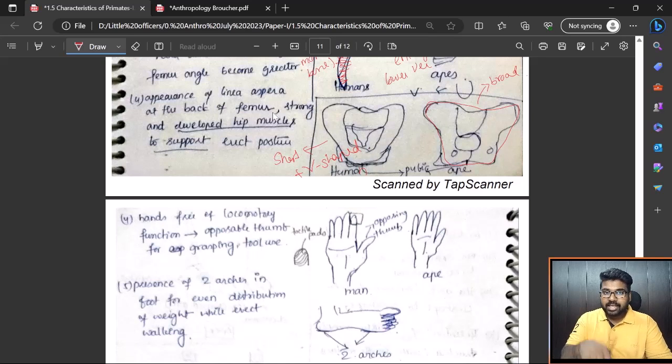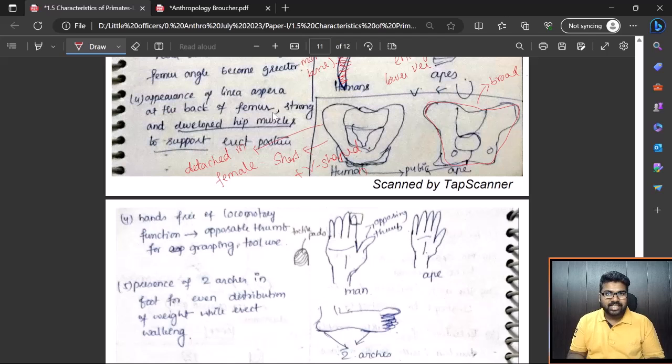Plus, in case of women in the humans, in order to accommodate easy birth, because now the baby's skull is bigger, the woman has to have a bigger birth canal, a bigger expansion of the birth canal in order to give a smooth birth to the baby. That is the reason why the pelvic bone became detached in female.